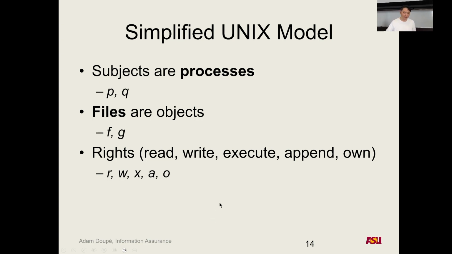Subjects are processes here, P and Q, these are assumptions. Files are objects, F and G. The rights are the capabilities: read, write, execute, append, own. Normally I didn't see the own right in Linux.